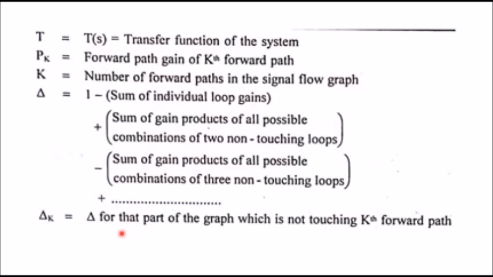Delta 1 is the delta value of that graph which is not touching the first forward path. Delta 2 is delta for the part of the graph which is not touching the second forward path. Okay, so these things will be better understood when you solve the problem.